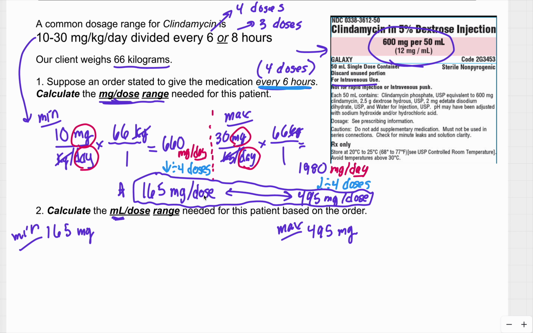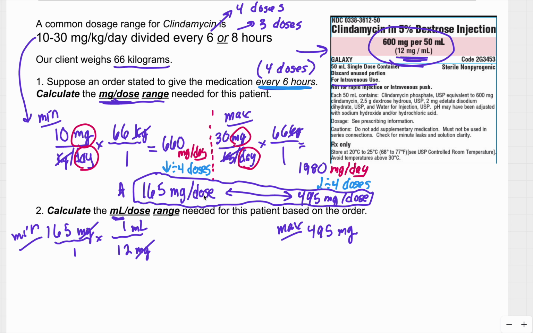The strength of this medication has 12 milligrams per mL. You could use either one of these ratios, 600 milligrams to 50 mLs or 12 milligrams to 1 mL. Either one is correct because they are equivalent ratios. But I'm going to go ahead and use the one that's already simplified. There are 12 milligrams in each milliliter.